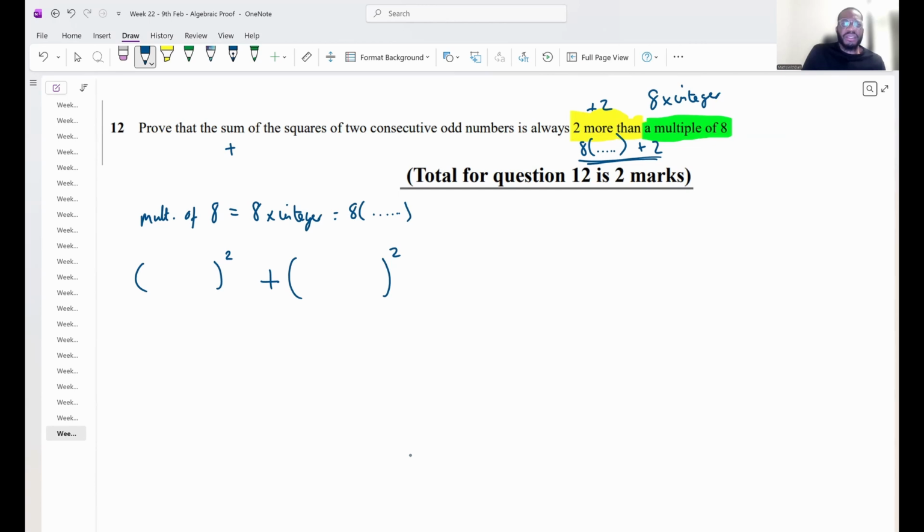Now, the main part. It says the sum of squares of two consecutive odd numbers. Firstly, can somebody give me an odd number algebraically, please? What did we say an odd number is algebraically?